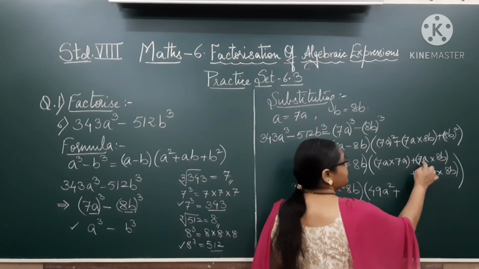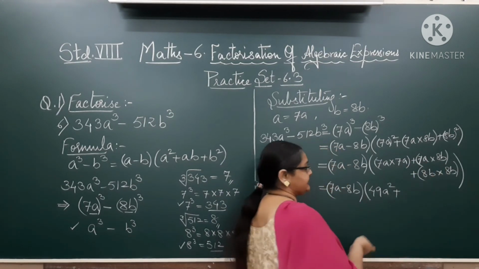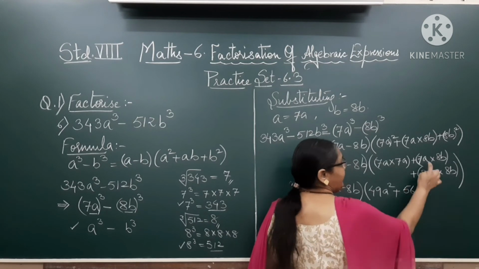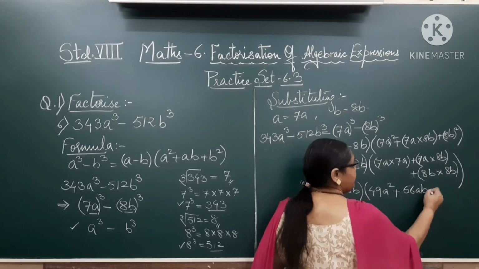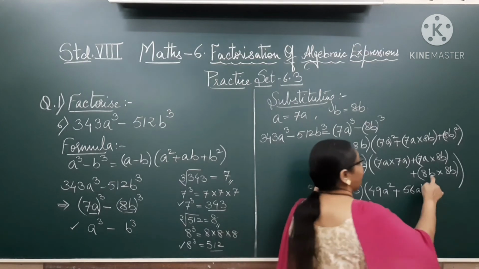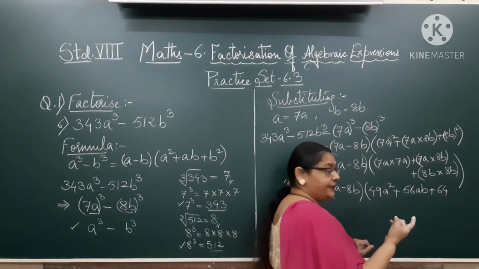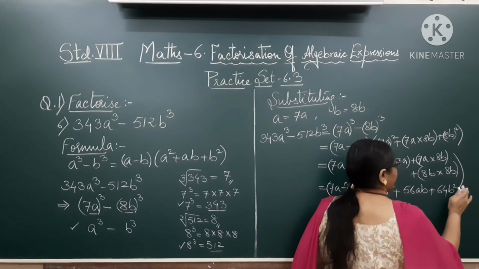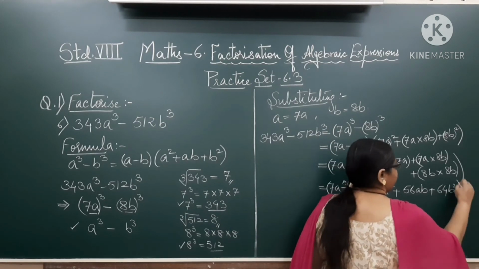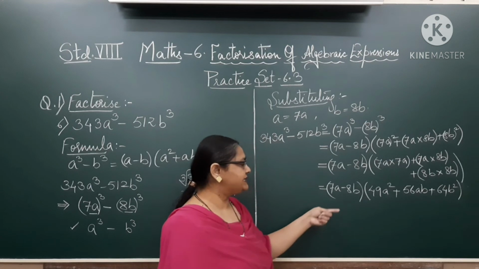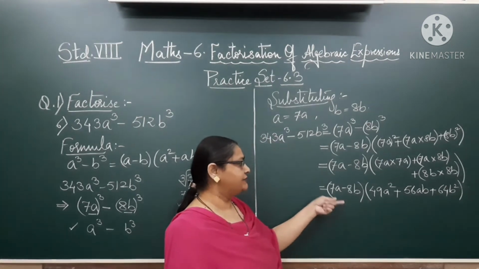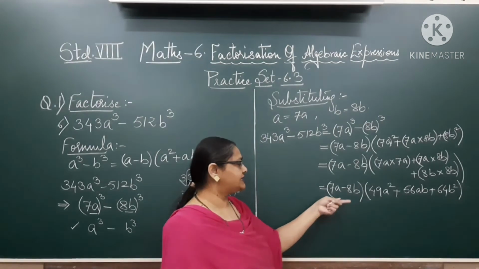Plus 7 8s are 56, a into b is ab, plus 8 8s are 64, b into b is b squared. That's it. So let me just check whether I have any like terms or can further simplify this.